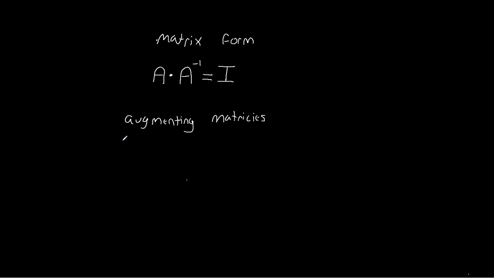And essentially what augmenting matrices means is that if we have a matrix A and we have a matrix B, we can create a new matrix or an augmented matrix that is both A and B.